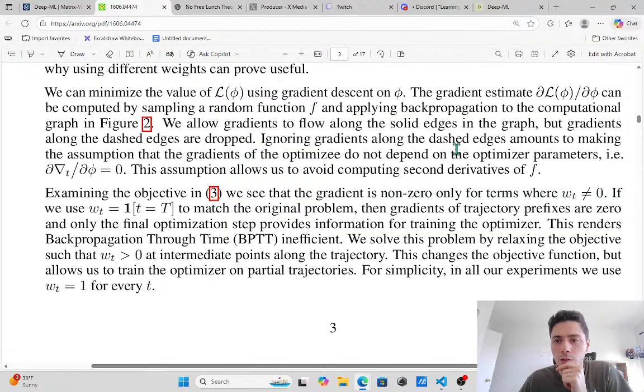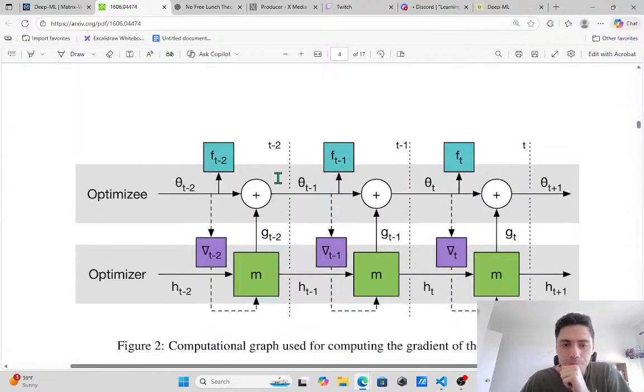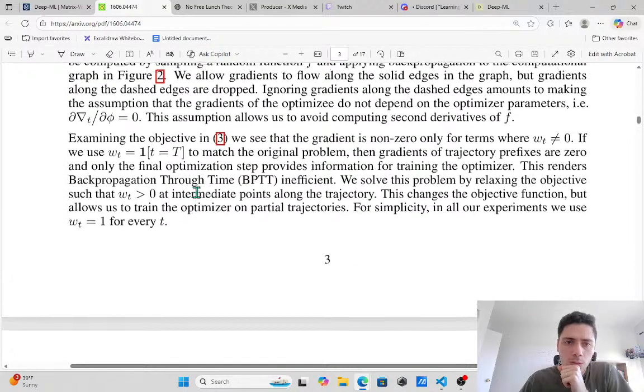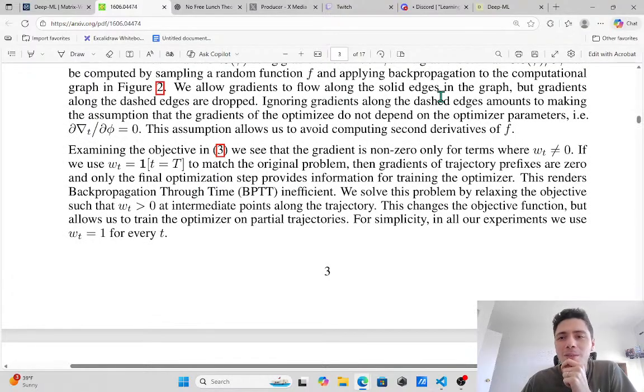Ignoring gradients along the dashed edges amounts to making the assumption that gradients of the optimizee do not depend on the optimizer's parameters. Let's see. So I guess we don't actually take in the gradients. Let's read that again.